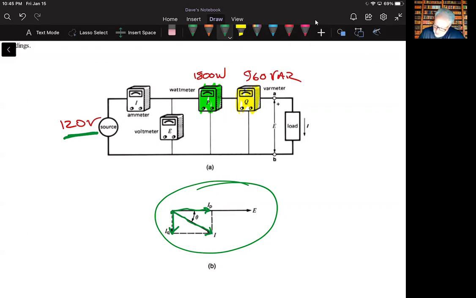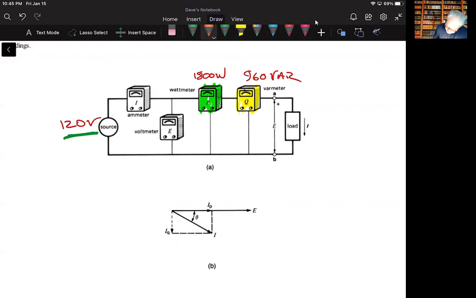We can do that easily from earlier equations that we used, which go back to equations 7.1 and 7.2. I sub P is equal to power divided by voltage.